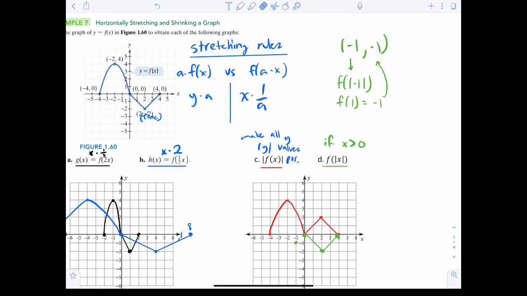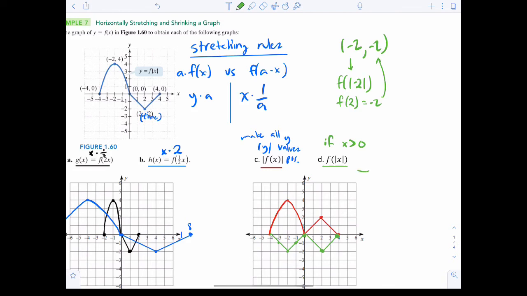We're going to repeat that process to find the other points. So get rid of that. Let's plug in -2. The absolute value of -2 is 2, and f of 2 is right here. That's -2. So our point is -2, -2. And now you should be able to see what's happening. The graph is simply reflecting the positive part onto the negative part.